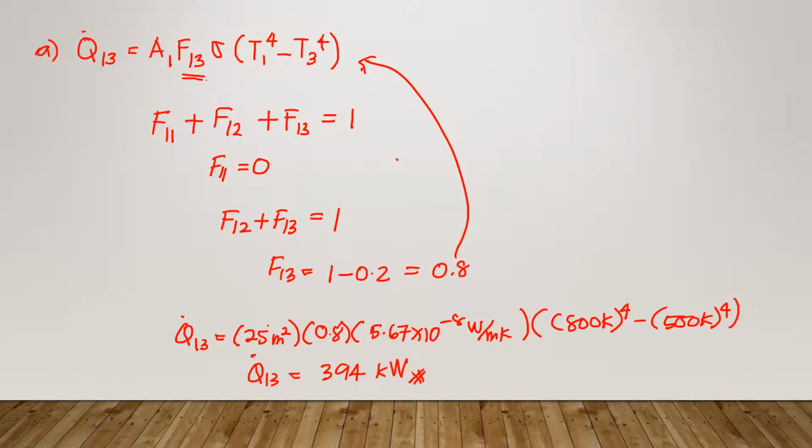Now we find Q12. First is Q13, second is Q12. So to find Q dot 12, A1 times F12 times Stefan-Boltzmann, T1 to the power of 4 minus T2 to the power of 4. So you substitute because we already determined the F12 value.